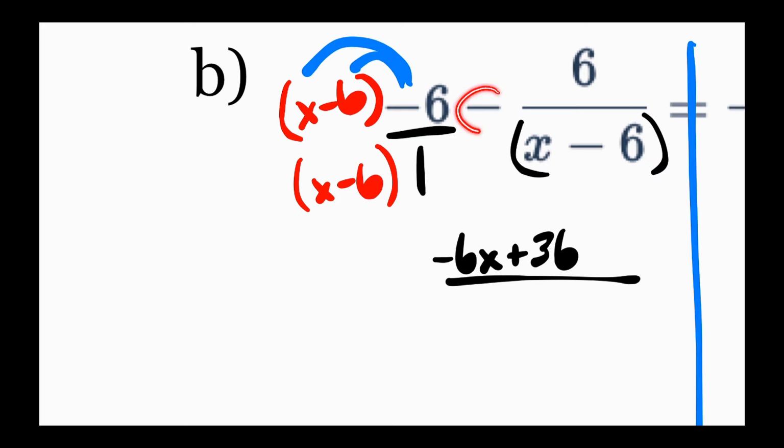And then I also have a -6 up here from the top, so I write -6 as well. And then the bottom is the common denominator.